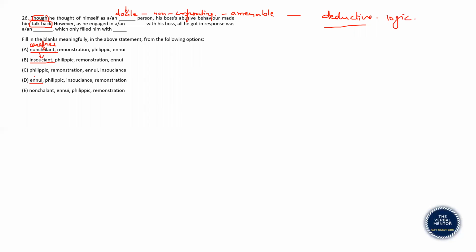Ennui, first, it is not an adjective, it is a noun. And he can't think of himself as a boredom person. So it is not only grammatically incorrect, as the part of speech needed is an adjective, not a noun, but also semantically incorrect. Boredom does not fit the bill. So ennui gets out.